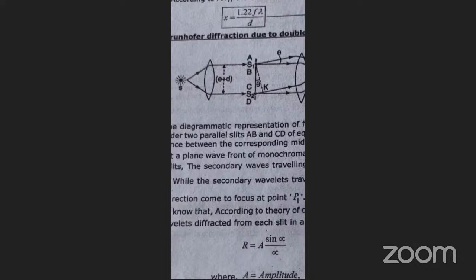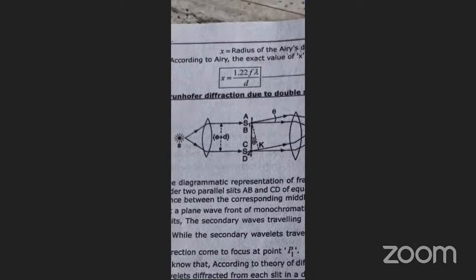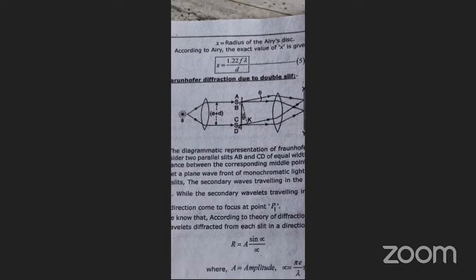Consider two parallel slits AB and CD. Before, in the figure, we had only a single slit. Here we take AB, S1, as one slit and CD, S2, as the second slit.